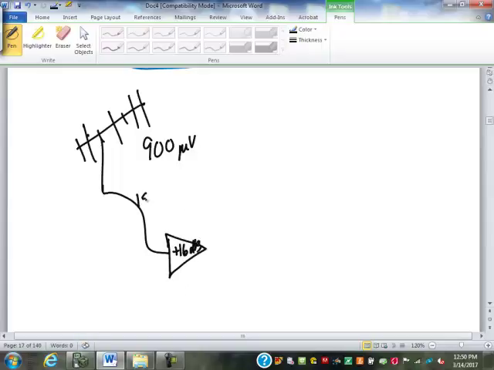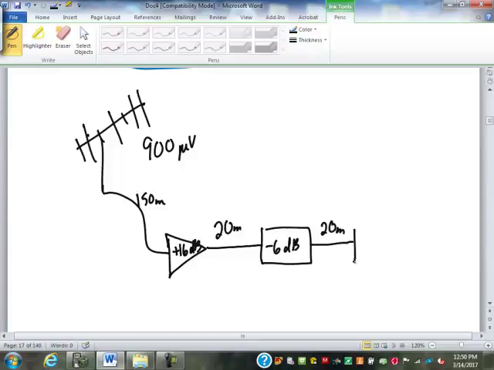That goes through 150 meters of cable into an attenuator of some sort, a 6 dB loss. 20 meters of cable between there, another 20 meters of cable going into another amplifier, a plus 9 dB.